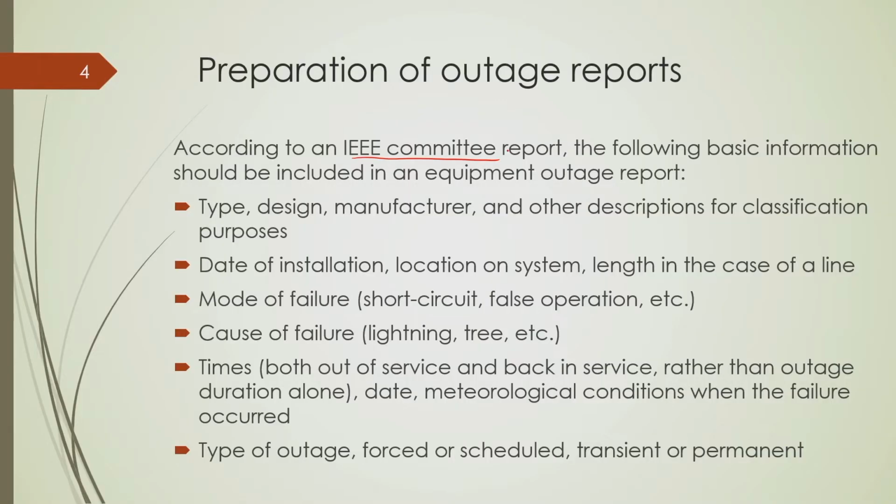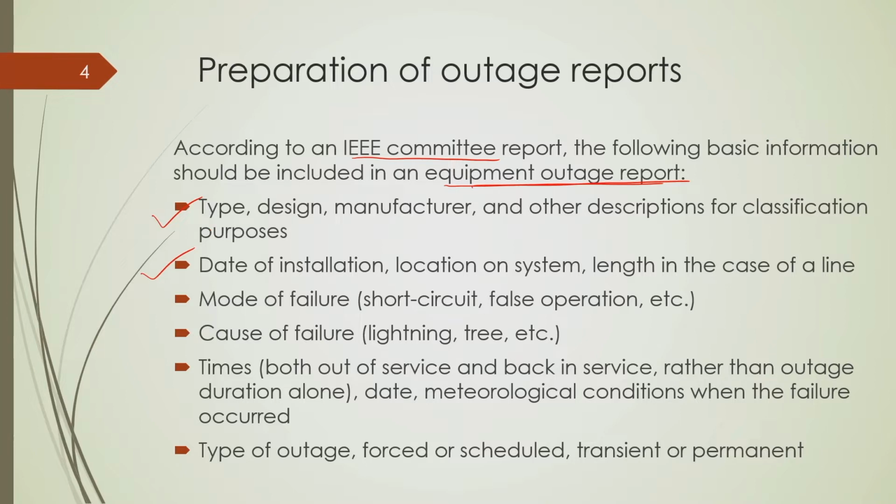According to an IEEE committee report, the following information should be included to prepare an equipment outage report. Usually the electrical utility or distribution network utility prepares an outage report, in which they should mention the type, design and manufacturer of the different equipment, and the date of installation.